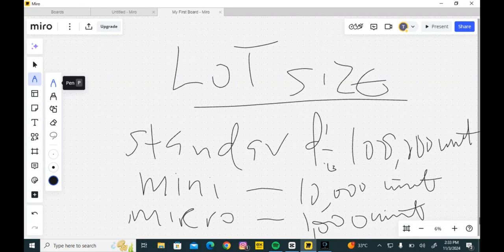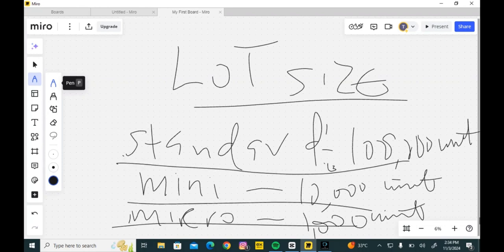The lower the lot size, the lower the profit or the lower the loss. It's used to measure the quantity of trade you want to enter. So the highest one is the standard, followed by the mini, and followed by the micro lot size.